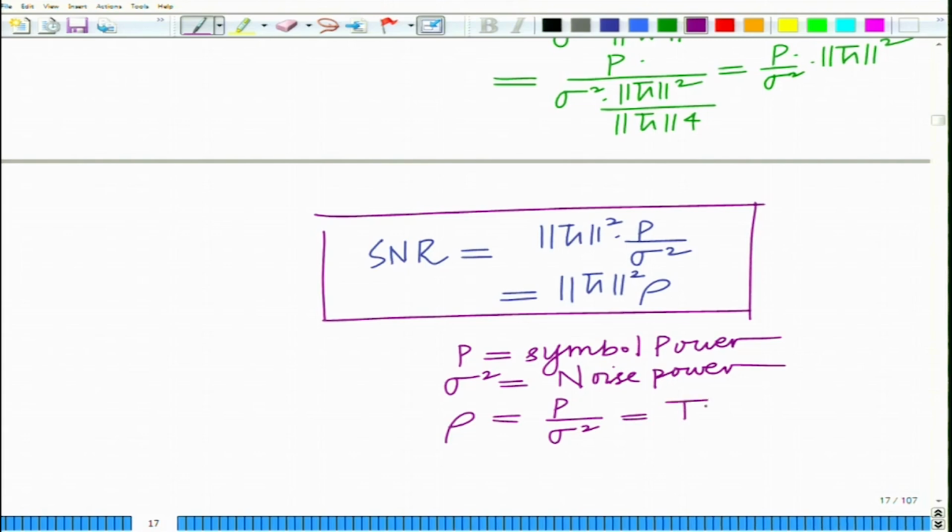You can think of this as the transmit power, because this is the power of the transmitted symbols. So, rho is the transmit SNR, P over sigma square.